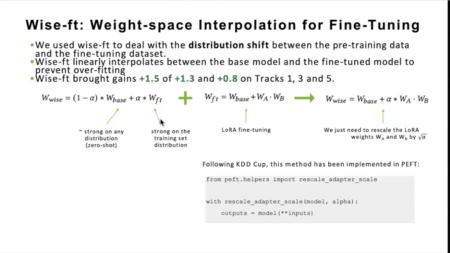Maybe you can answer Amazon shopping questions very well, but you may lose some capabilities for general reasoning and general language generation. So people propose a way to do linear interpolation, just a linear weighting to combine the original base model and the fine-tuned model weights together. So this is the WiSE weight.